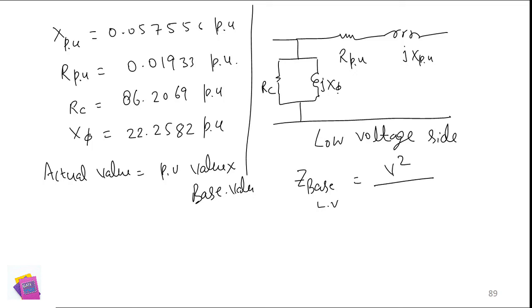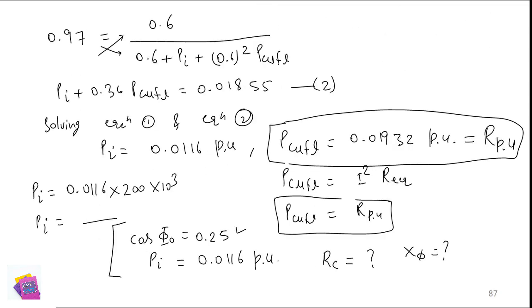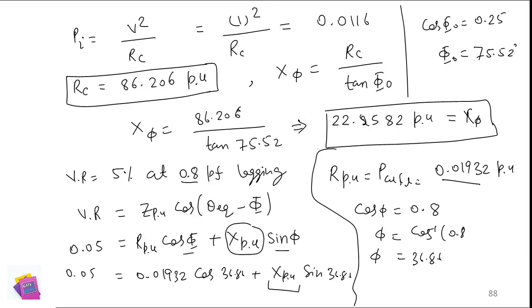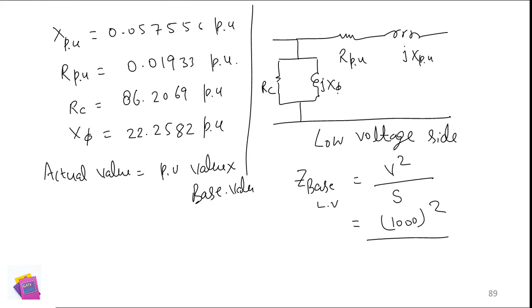Z base at low voltage side equal to V square by S. At low voltage side, voltage is 1000 volt. And what is the rating? Rating is 200 kVA. So Z base, what is the value of Z base?